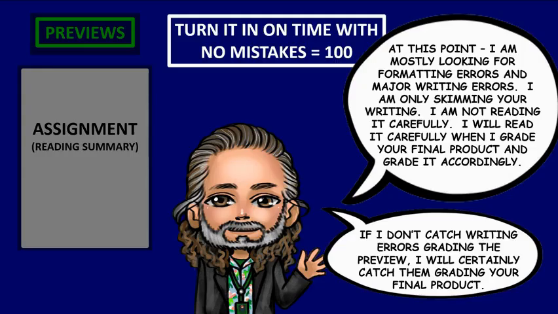I'll be aware, I'm not reading this intently. I will do that when I grade the final product, the end product, the beast that you turn in. If I find mistakes then that I don't see now, it's up to you. So just make sure you do a good job. Make sure that it's as good as you can make it, so I don't count off points then. We can take care of that now.